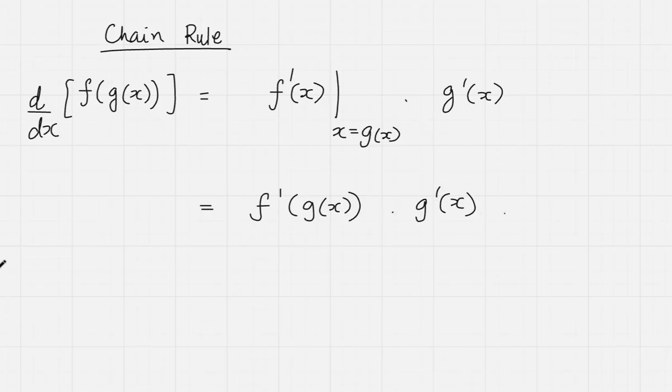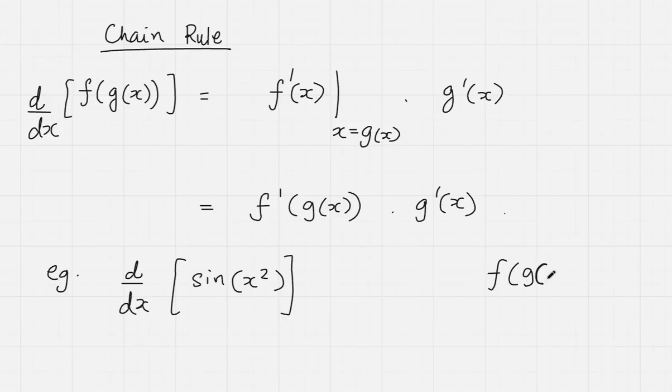That's the chain rule. For example, if you're finding the derivative of the sine of x squared, you could think of sine of x squared as a function whose outer function f is the sine function and the inner function is the x squared function, right?